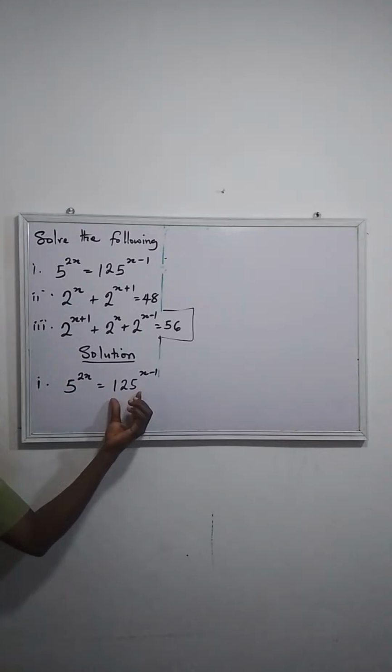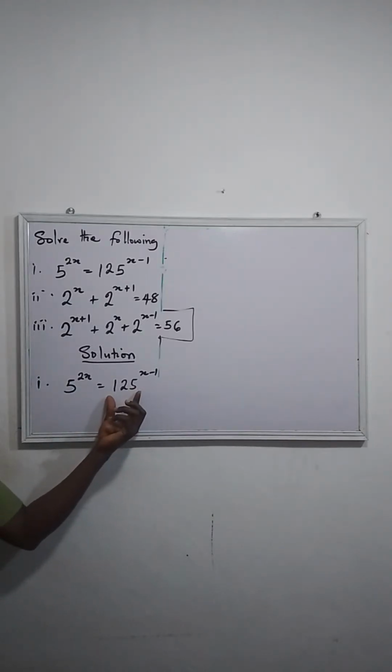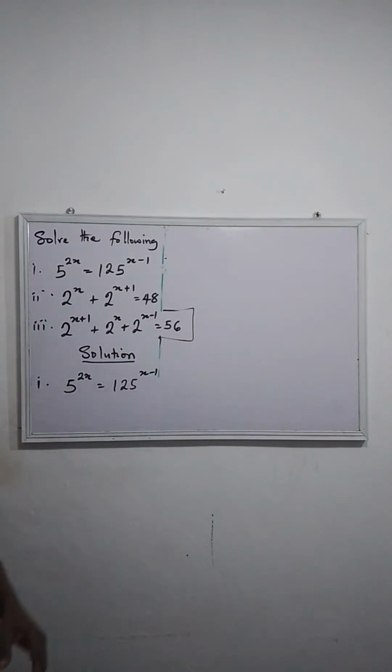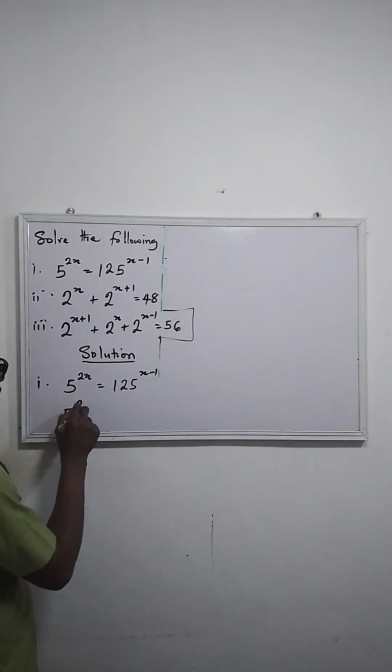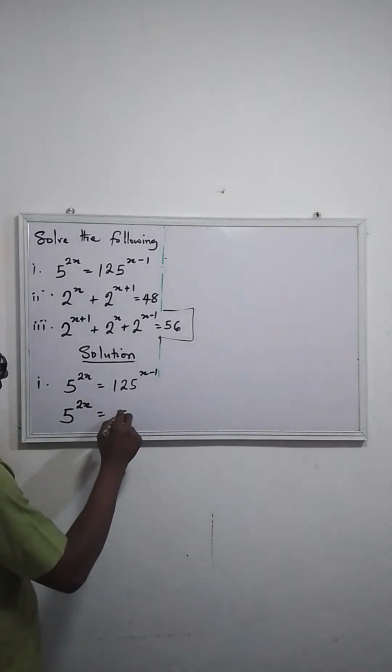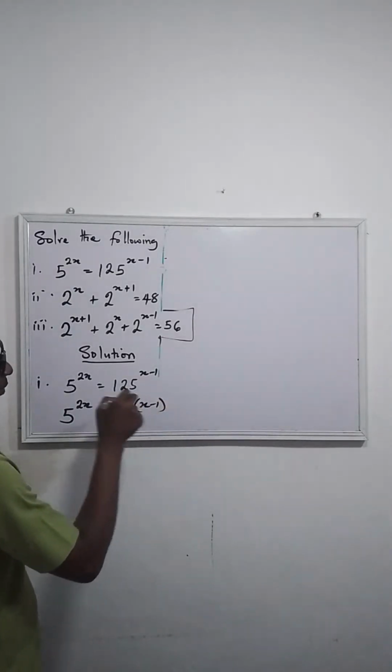You can adjust this such that it has a base of 5. Now 125 is the same thing as what? 5 raised to the power of 3, because 5 times 5 times 5 is 125. So now this equation turns to 5 raised to the power of 2x equals 5 raised to the power of 3 times x minus 1.